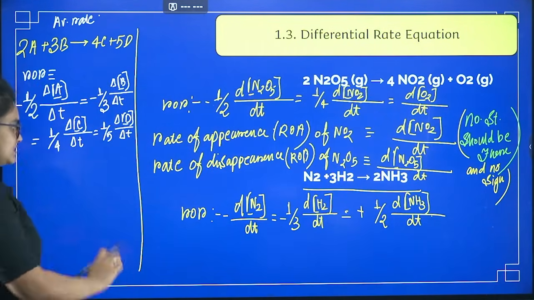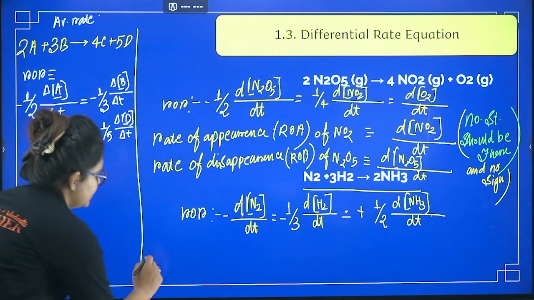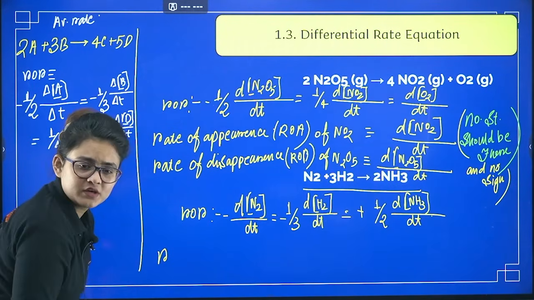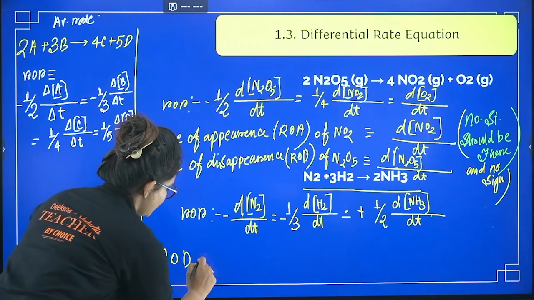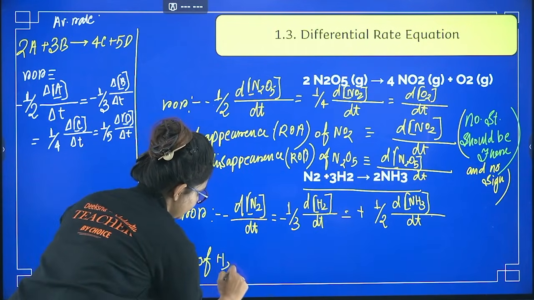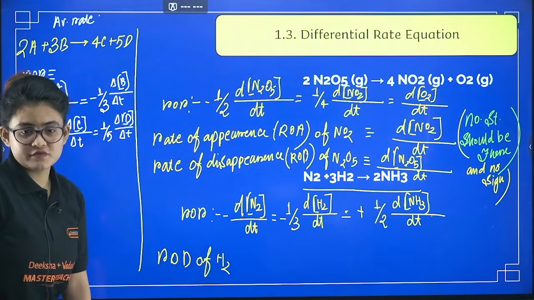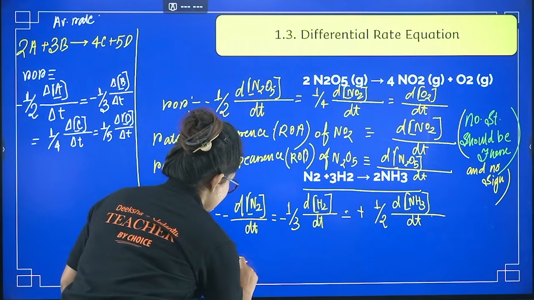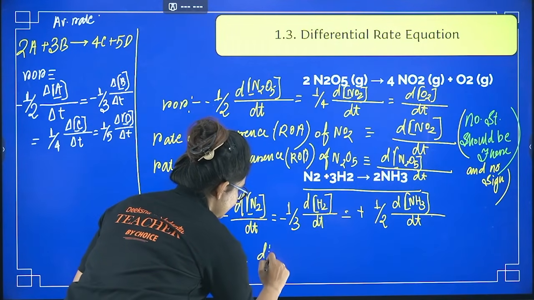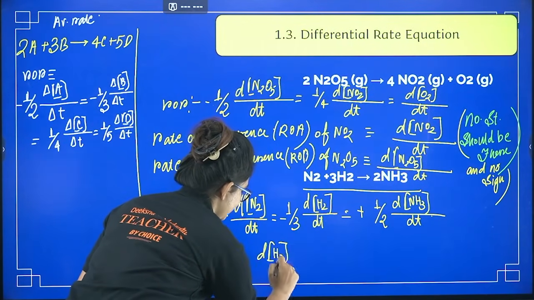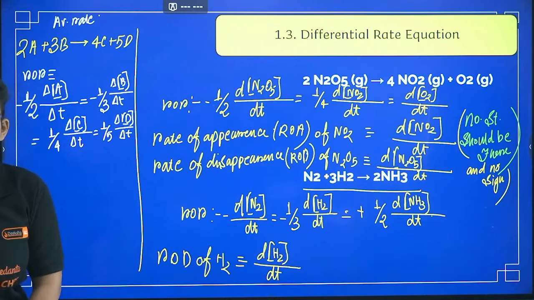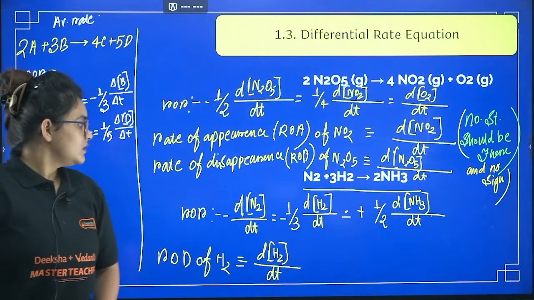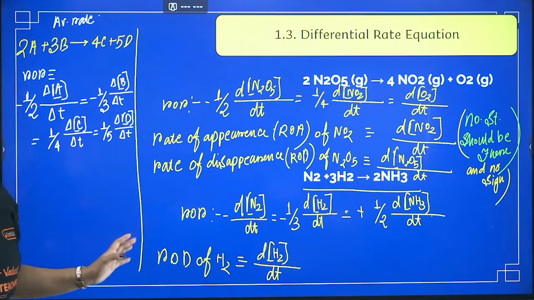Suppose, just a normal example I am showing you, if anyone asks rate of disappearance of H2, how should I write? I have to write only d of H2 by dt. That's it. I guess it's clear to you. So let's proceed.